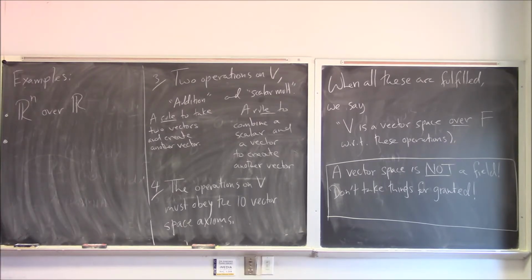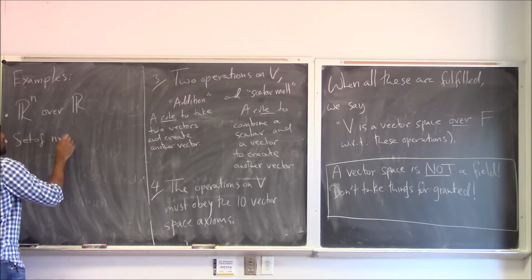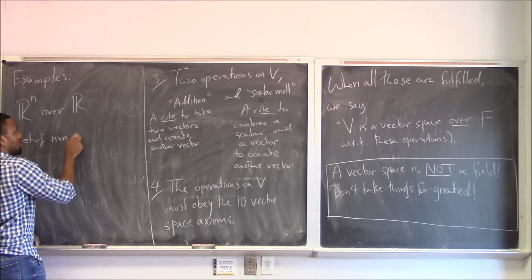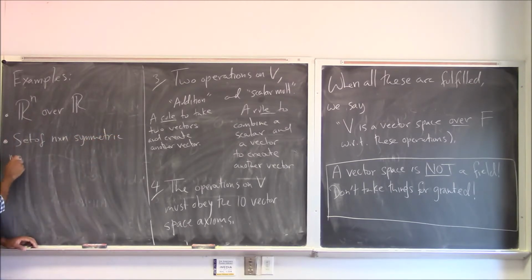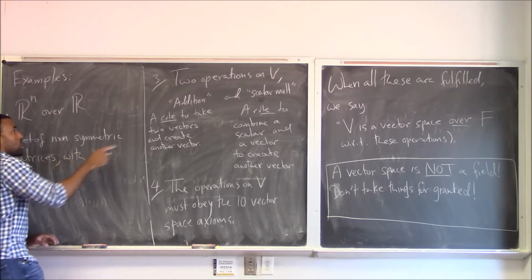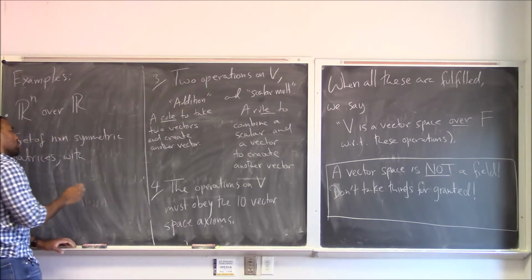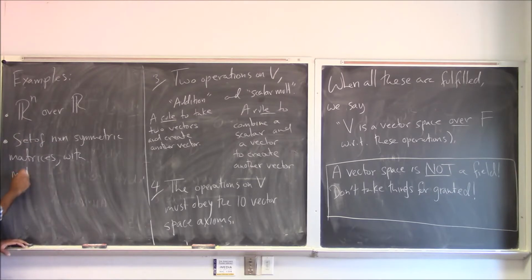We looked at symmetric matrices as an example, right? Where our addition and scalar multiplication rule is matrix addition and scalar multiplication.